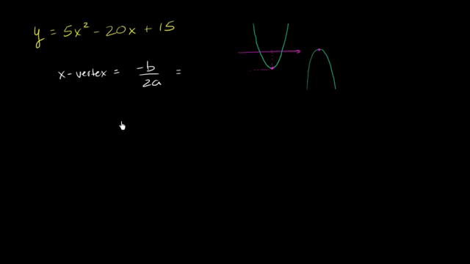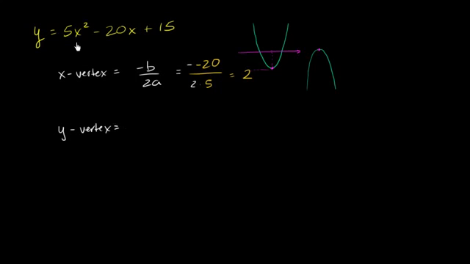So this is going to be equal to, b is negative 20, so it's negative 20 over 2 times a, over 2 times 5. Well, this is going to be equal to positive 20 over 10, which is equal to 2. And so to find the y value of the vertex, we just substitute back into the equation.